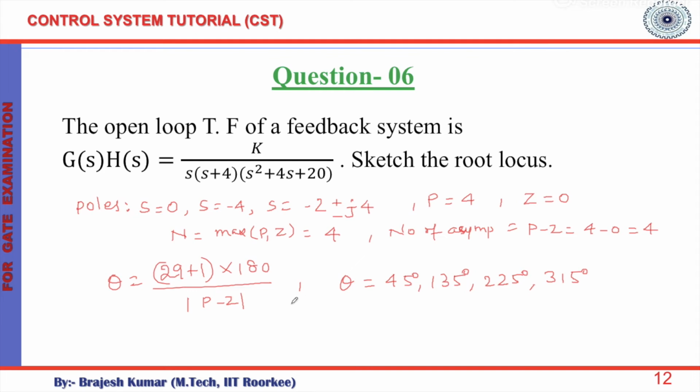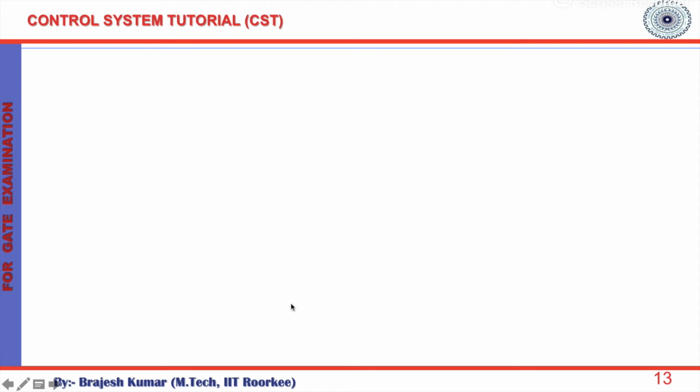Now we need to find the centroid. The centroid is the point at which these asymptotes converge; it is the common point where they intersect on the real axis.